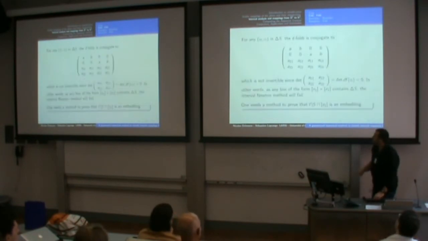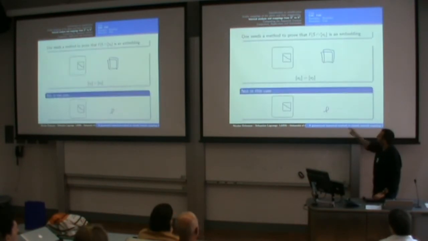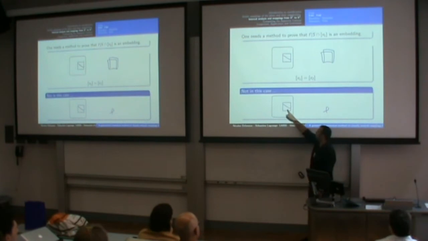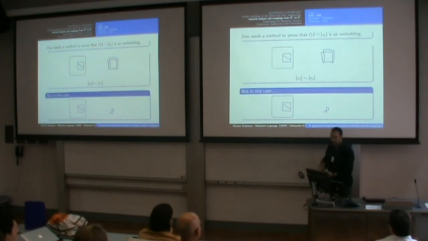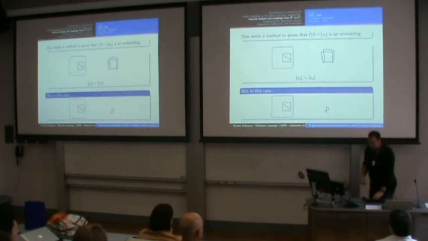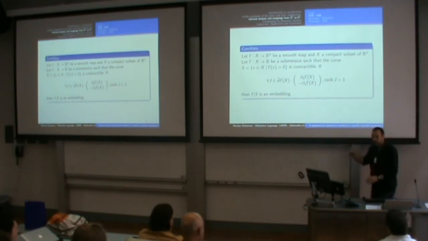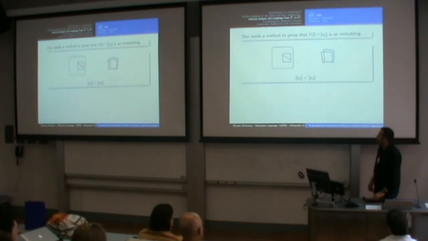So we want to prove that we are in the first case, but not in this case. We want to prove that there is no self-intersection. It's a bit difficult, but we have this technical theorem that proves that this does not happen, and our bisection scheme divides the set until this property is satisfied.